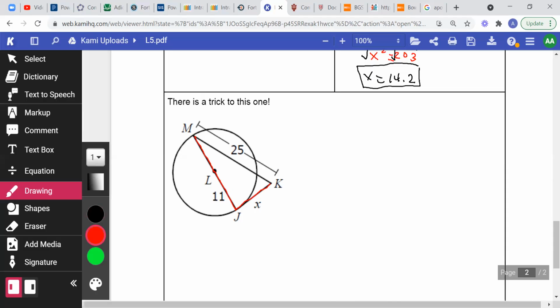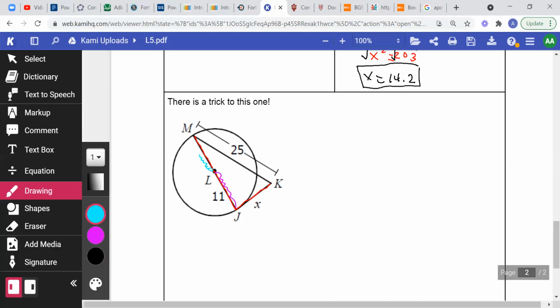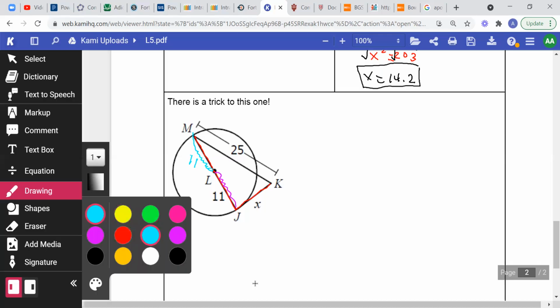LJ here is 11, which means the other one is going to be what? LJ is 11, ML is also 11 because both of them are radii. Okay, we have two radii, so if one is 11, the other is 11 as well. If you add these two, you're going to have 22.